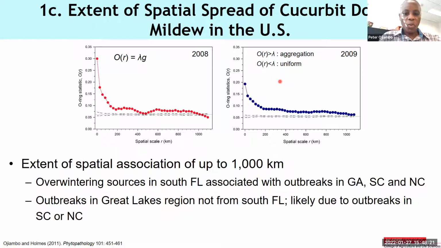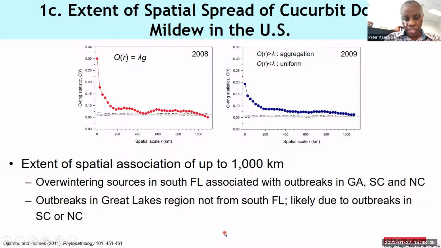That is about the linear distance between Florida and Georgia, for example, South Carolina. So we surmised that inoculum coming from the south is probably causing the infections in the states of Georgia, South Carolina, or North Carolina.